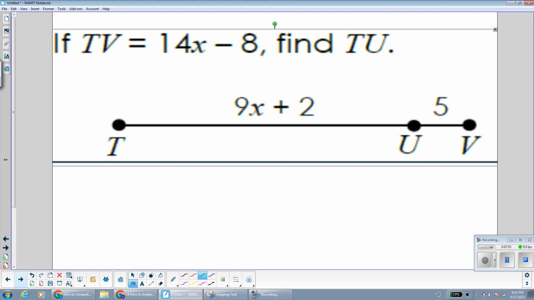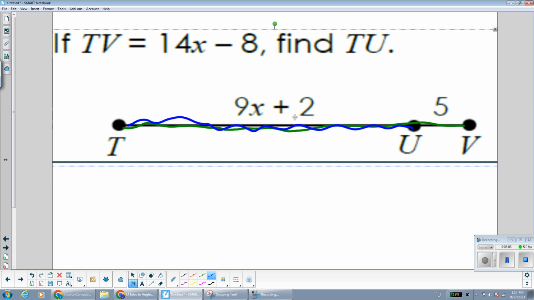Over here, we're told that TV, which is this whole line segment here, is 14x minus 8. And we need to find the length of TU. So we need to find the length of this piece of the line segment.